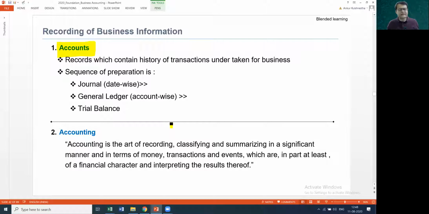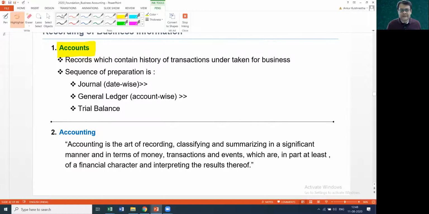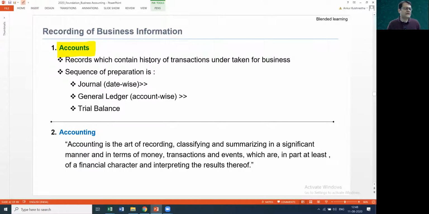So let me take some household examples. Many of you, and by now in the current year, everyone has a credit card. Your credit card itself is not an account, but your credit card statement is an account. Many of you have PhonePe, Paytm, different mobile wallets, and these wallets, as a reporting practice, send you a monthly report of your usage.